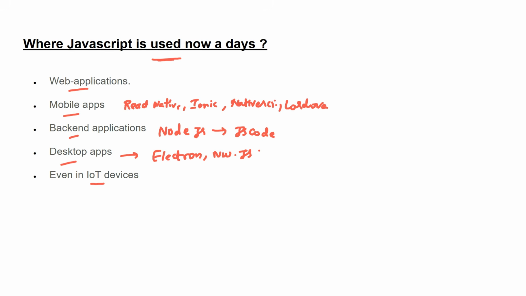Some of the famous, frequently used desktop applications are VS Code and Slack. These are created by using JavaScript. And even in IoT devices, we can use Node.js and Raspberry Pi where we can run our JS code.